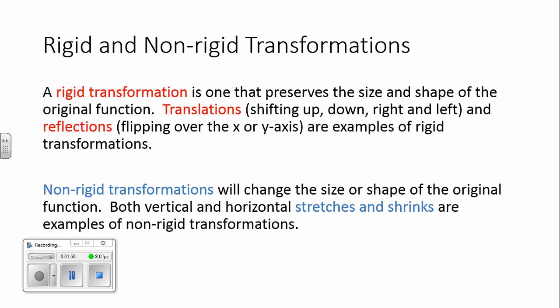Okay, so basically these are going to be the ones that shift the graph either up or down or right or left. Now reflections are also in this category, where you're flipping it over the x-axis or flipping it over the y-axis. Again, the size and the shape doesn't change, you're just simply looking at the mirror image of it. So the non-rigid transformations then are those that are stretching and shrinking it.